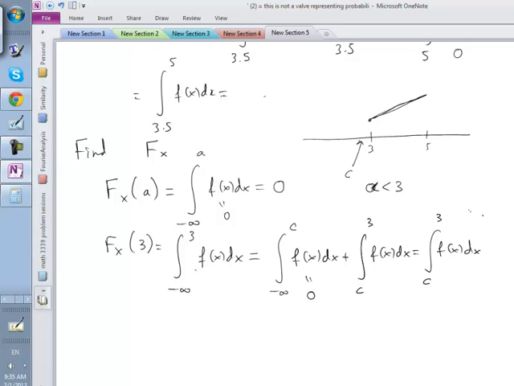Obviously, since f of x is greater than or equal to 0, this value is expected to be greater than or equal to 0.